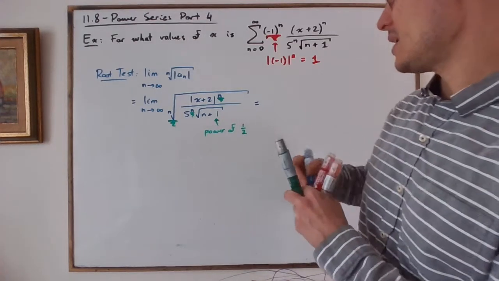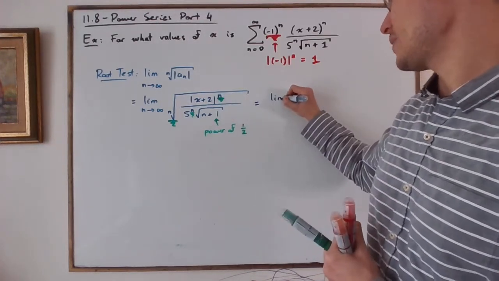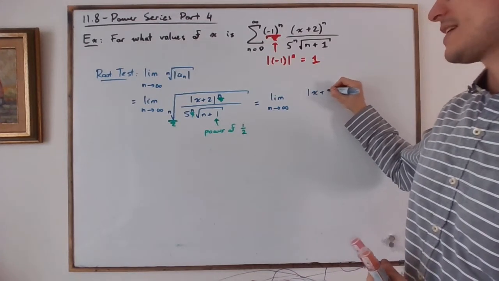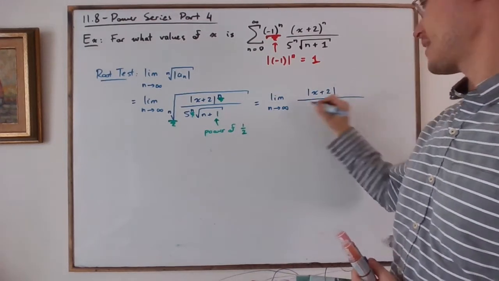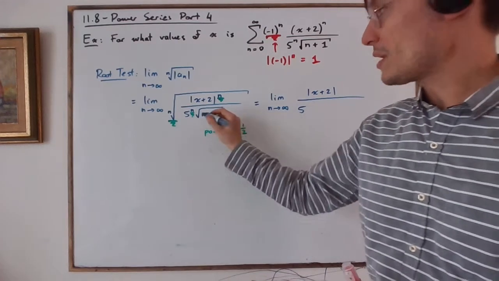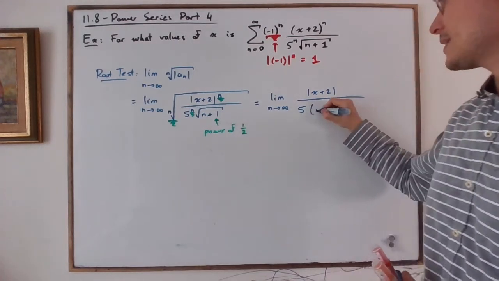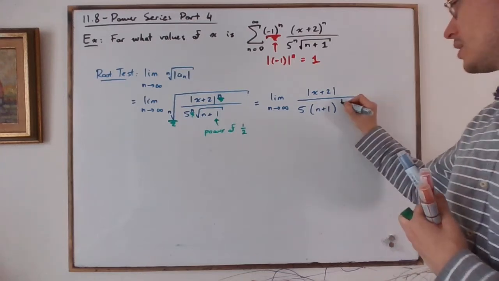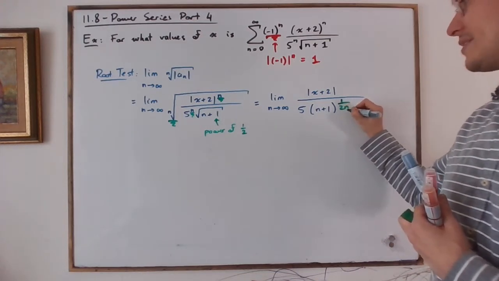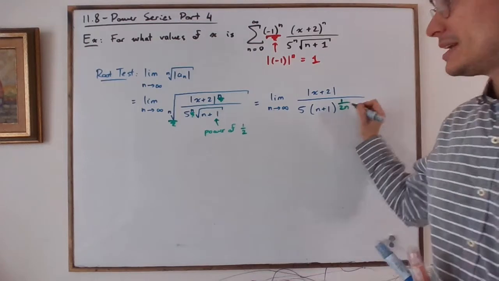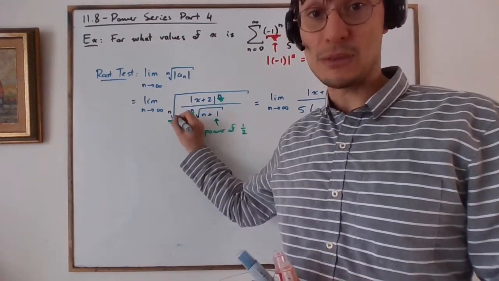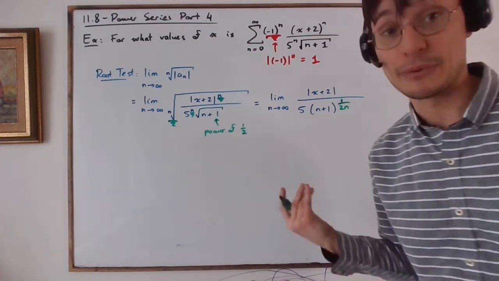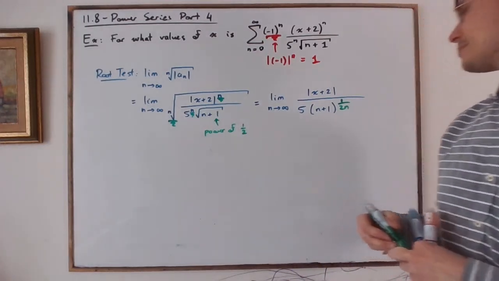So let's get these two factors out of the way. We have the limit as n approaches infinity of the absolute value of x plus 2 divided by 5. Now, what does that limit look like? It looks like n plus 1 to the power of 1/2n. Remember, the n here is due to this root that we distribute over, and we multiply the corresponding roots.